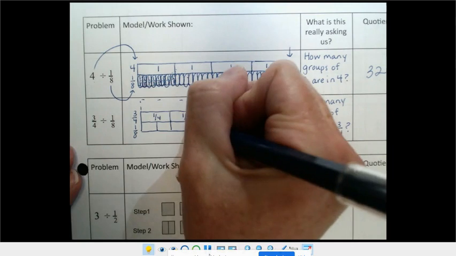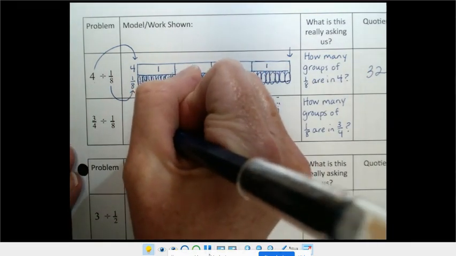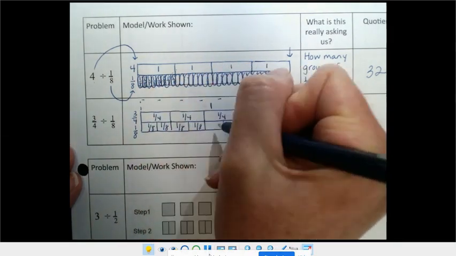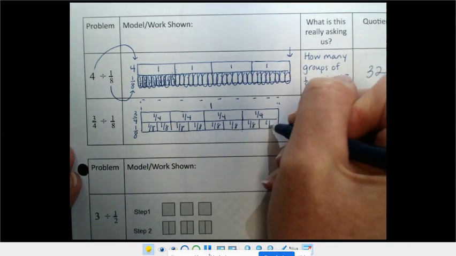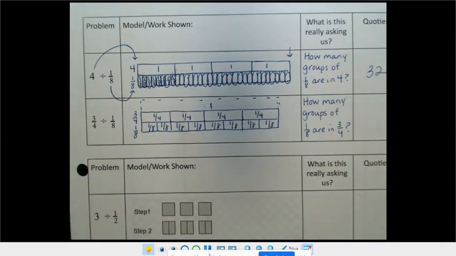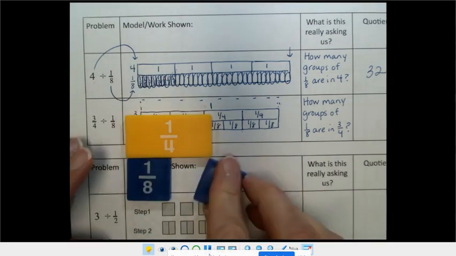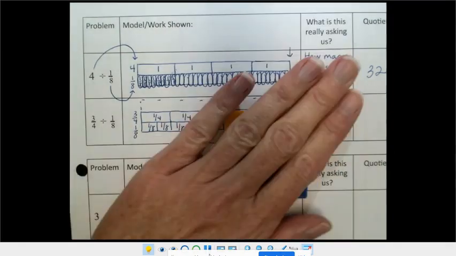So I break this whole thing into 8 parts. So these are all 1/8. And that makes sense because if I'm looking at 1/4, 2 eighths go into 1/4, which is exactly what my model is showing here.